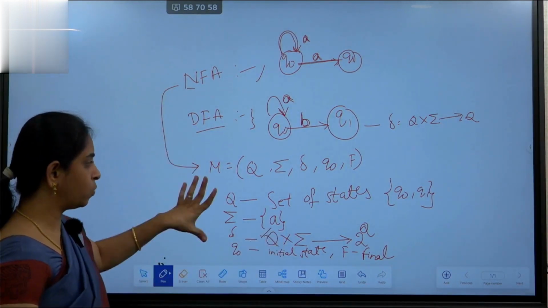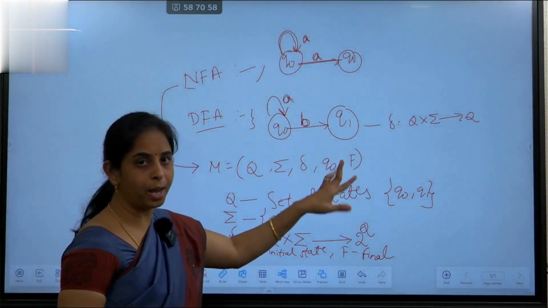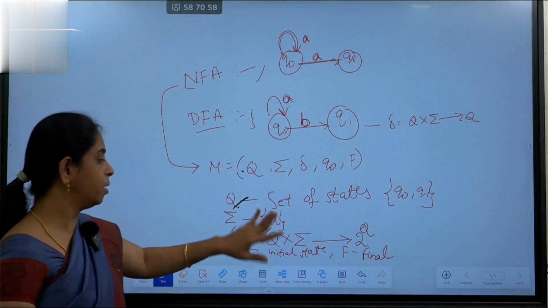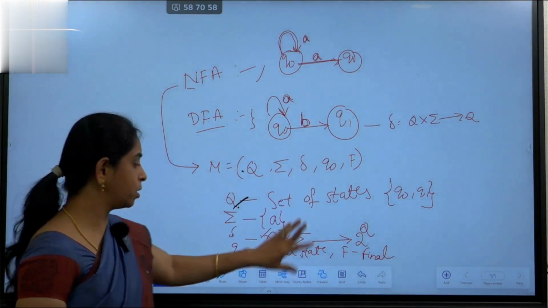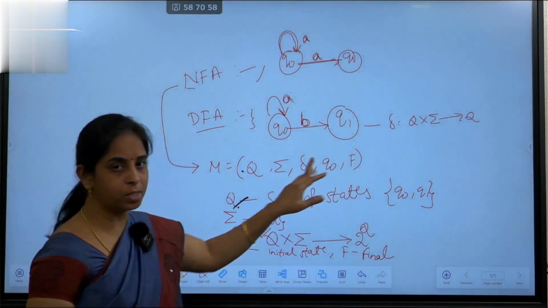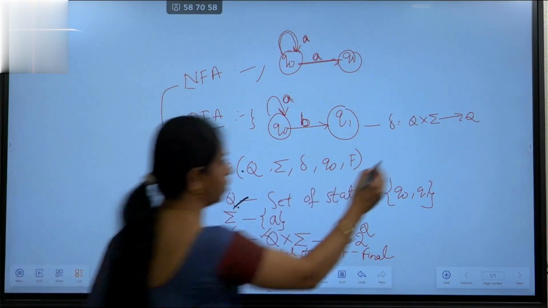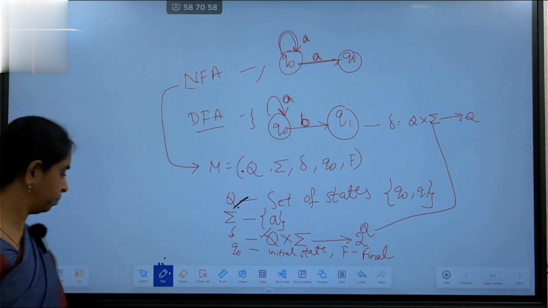So it has 5 tuples: Q, sigma, delta, Q0 and F. Q is the set of states, sigma is the input alphabets, delta is the transition function, Q0 is the initial state and F is the final state. The transition function is different between the DFA and the NFA; all the remaining tuples are the same.